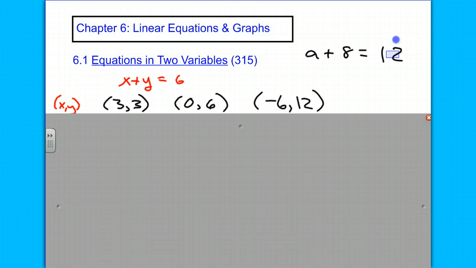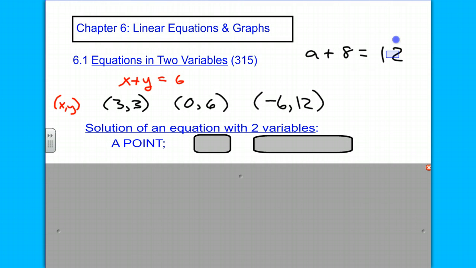So solutions are ordered pairs. And what does an ordered pair look like when we graph it? On a graph, we can locate this place. We call it a point, and it does look like a dot. So the solution of an equation in 2 variables is a point.